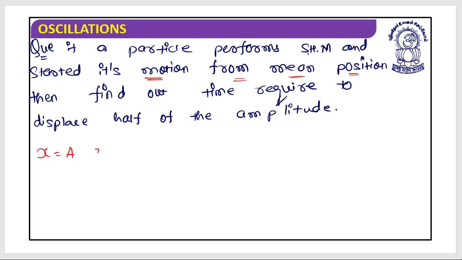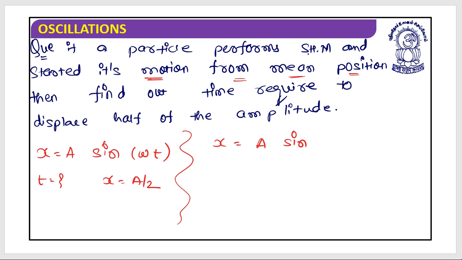Great. Then find out the time required to displace half of the amplitude. That means we need a time when my displacement is equal to A by 2. How will we do this? So this is the basic formula: x is equal to A sine omega t, and we want the time at which displacement will be A by 2. So if I put x equal to A by 2, then A by 2 equals A into sine of omega t.